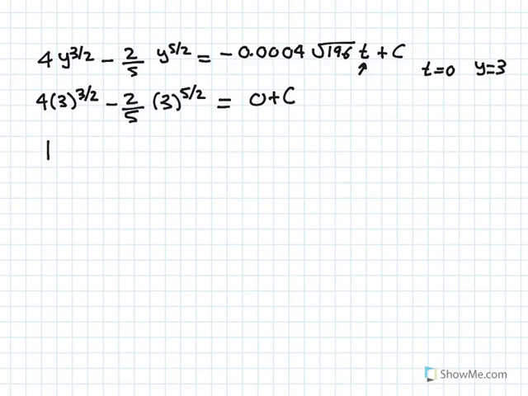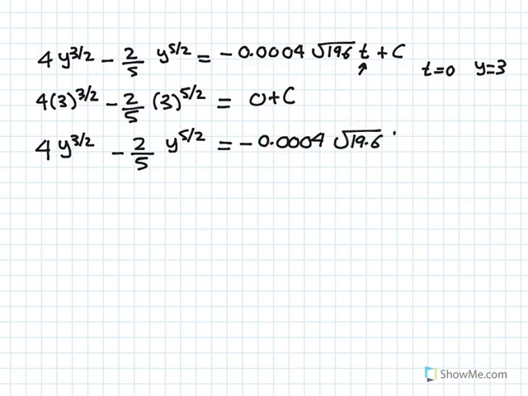It contains the same information, the same relationship between the height y and t, which is time. 4y to the 3/2 minus 2 over 5 y to the 5/2 is equal to minus 0.0004 root of 19.6 times t plus c, which is going to be 4 times 3 to the 3/2, let me write this at the bottom here, minus 2 over 5 times 3 to the 5/2.